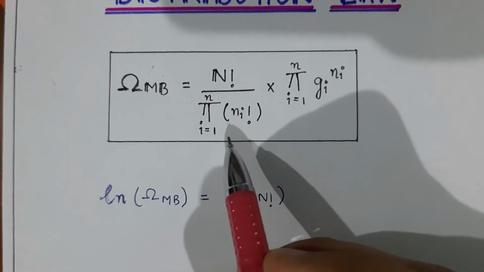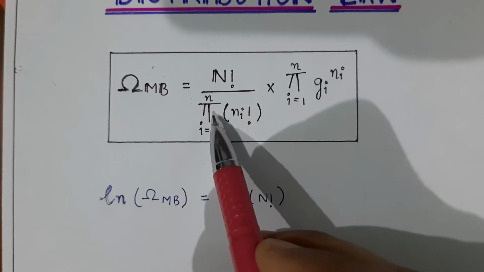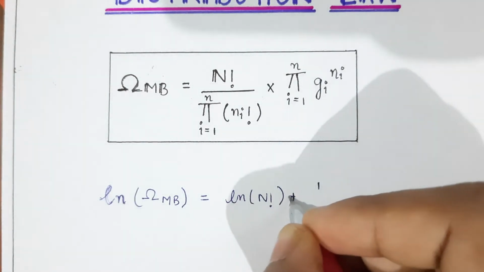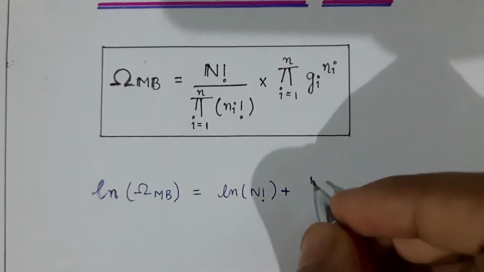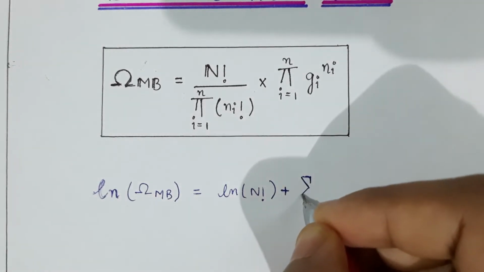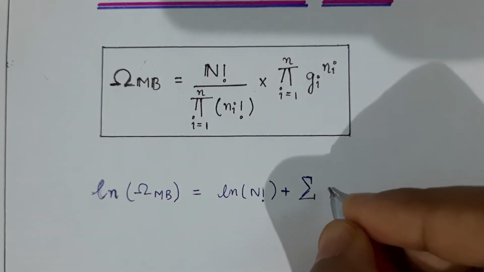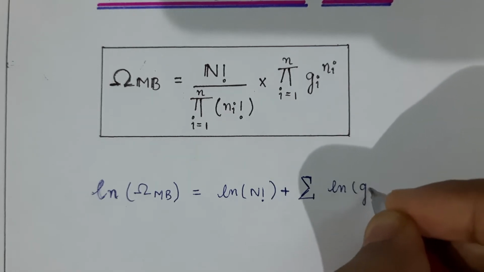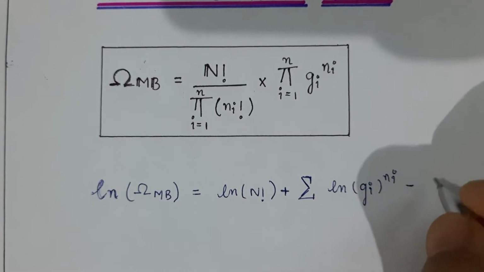Whenever we take a logarithm, the multiplication gets converted into summation, because ln of m times n becomes ln m plus ln n. So this will convert into a summation sign, and it will be the summation of ln of gi raised to the power ni, minus ln of ni factorial.